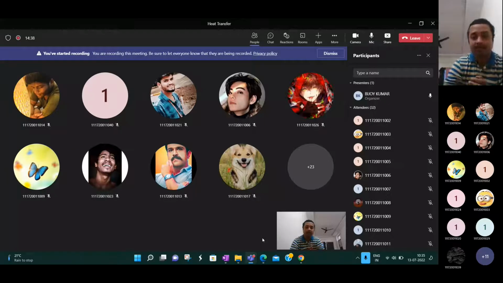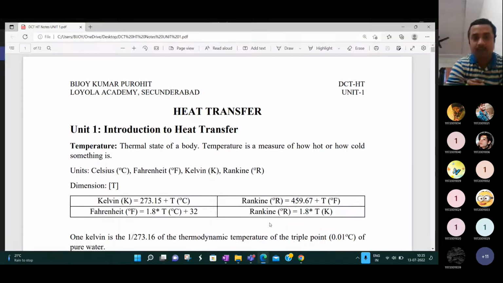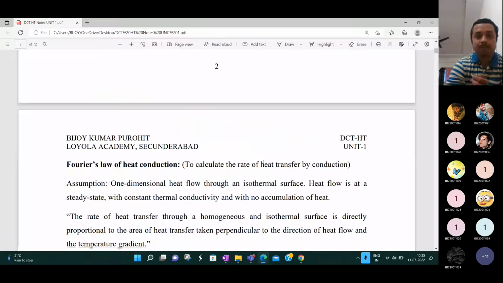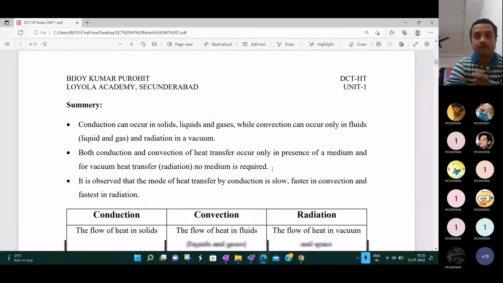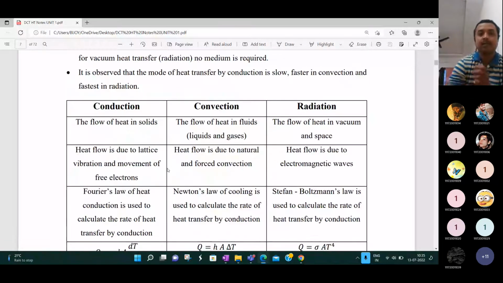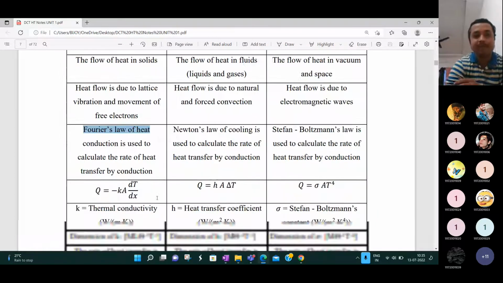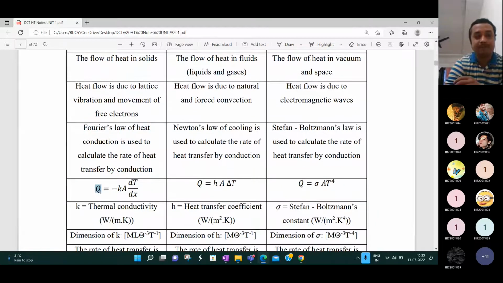For conduction, we have Fourier's law of heat conduction. What does it define? The rate of heat transfer, the speed of heat transfer due to conduction, is directly proportional to the area of heat transfer, taken perpendicular to the direction of heat flow, and to the temperature gradient, dT by dx.